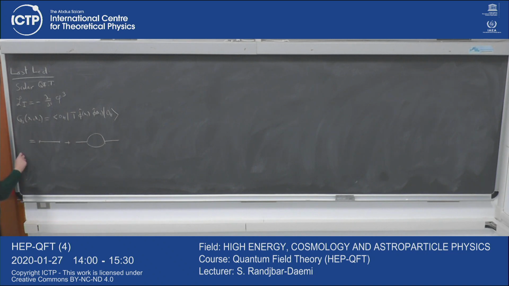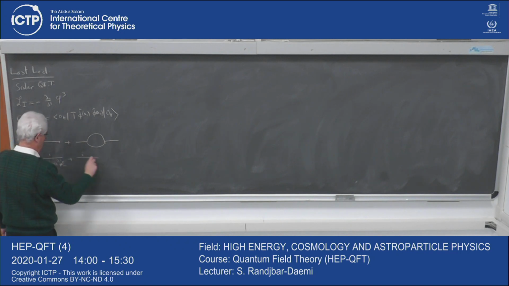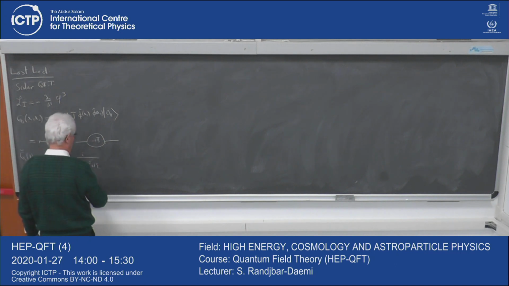And in momentum space, in Fourier space, this becomes i divided by p squared minus m0 squared plus i epsilon, plus i divided by p squared minus m0 squared plus i epsilon. This piece we called i times pi of p, and our main business was to calculate that part.